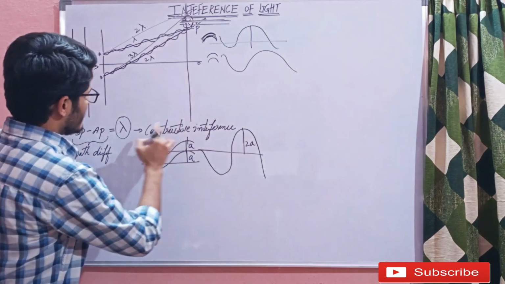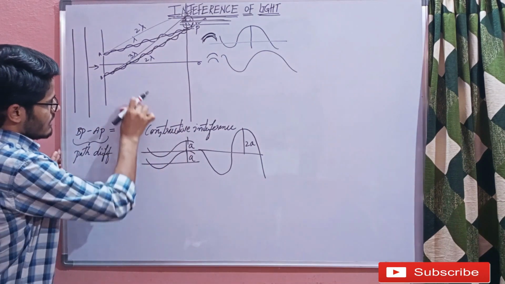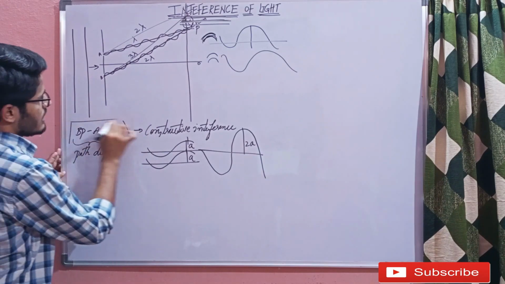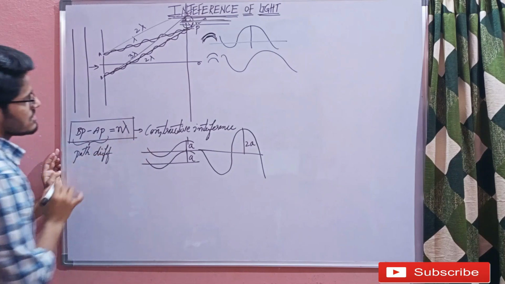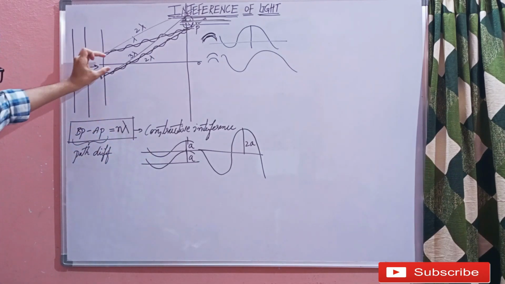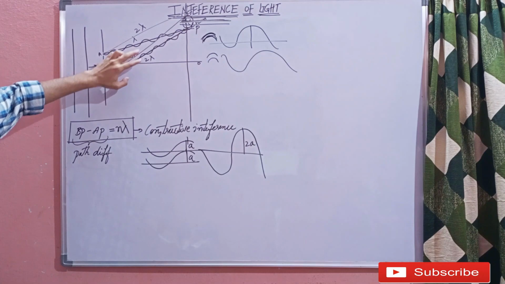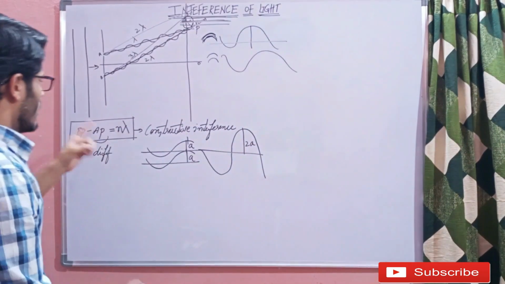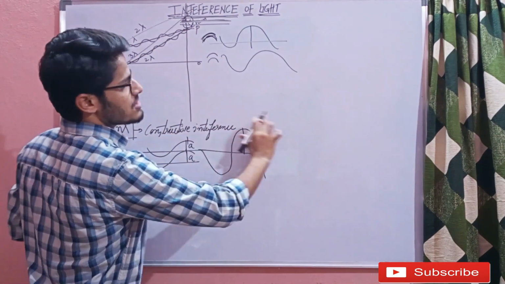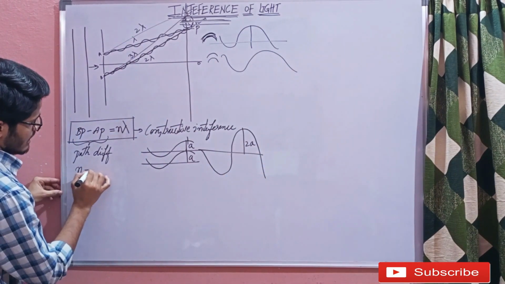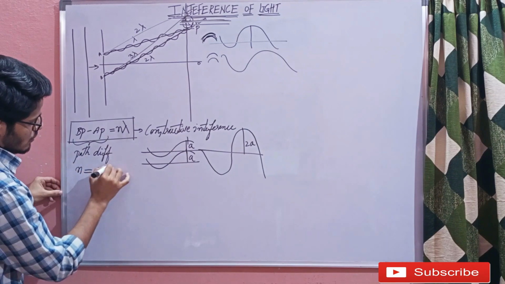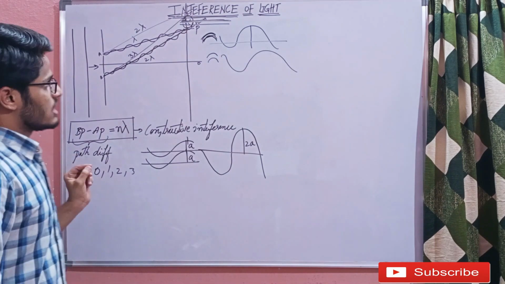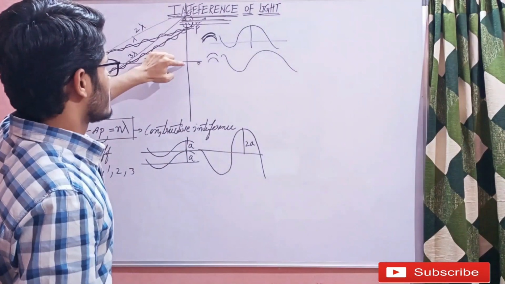To generalize the condition, I'll write n lambda. This is the condition for constructive interference. Whenever the path difference between these two rays is an integer multiple of lambda, you get constructive interference, where n can take values 0, 1, 2, 3 and so on. Where can we have the path difference 0? At the center here.